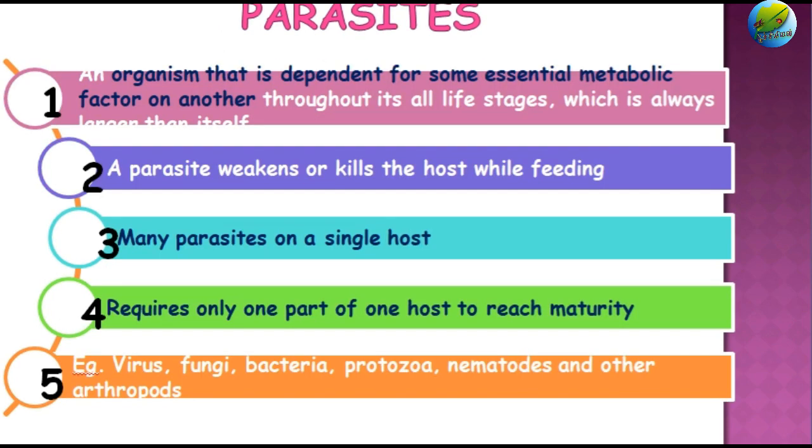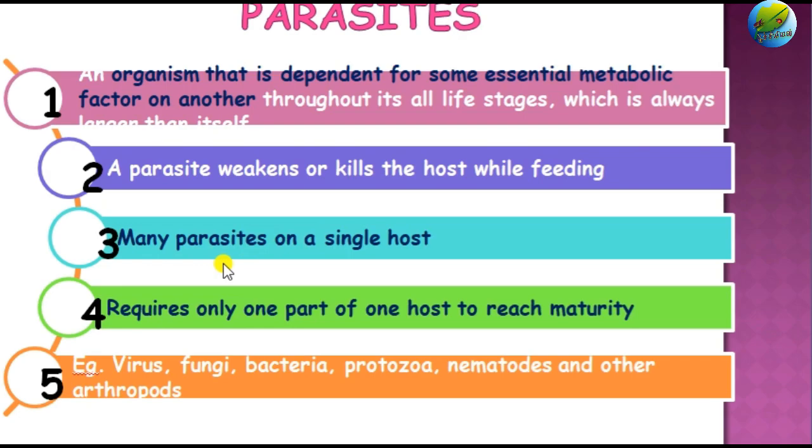Next one is the parasites. A parasite is an organism that is dependent for some essential metabolic factors on another throughout all its life stages, and the host is always larger than itself. A parasite weakens or kills the host while feeding. Many parasites are present in a single host.